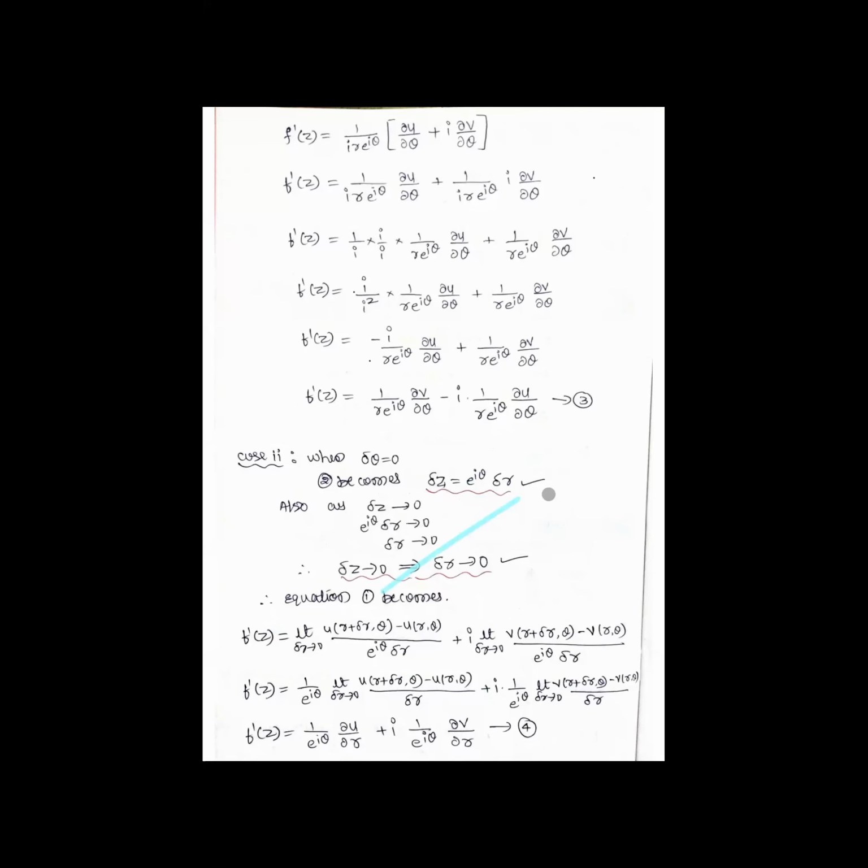So here delta z is nothing but this quantity, e raised to i theta delta r, which I am writing in the denominator.